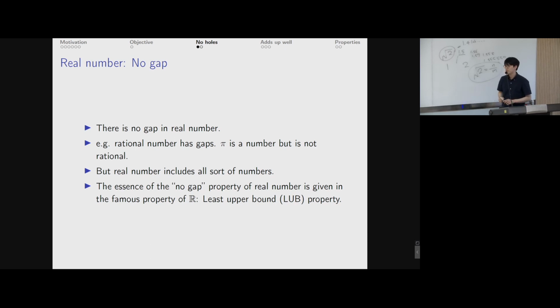And you might be more familiar with numbers like pi.